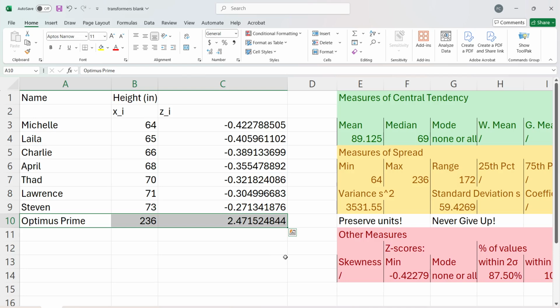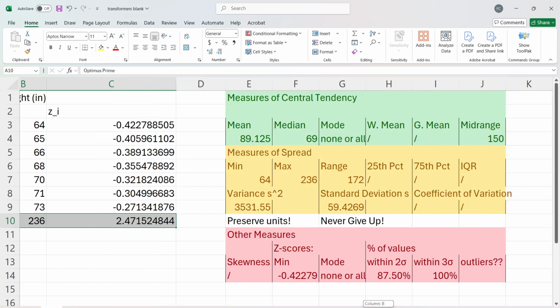And the reason why Optimus Prime is not an outlier in this sample is because it is impossible, according to Chebyshev's theorem, for any more than 1 out of 9 observations to be 3 standard deviations away from the mean.